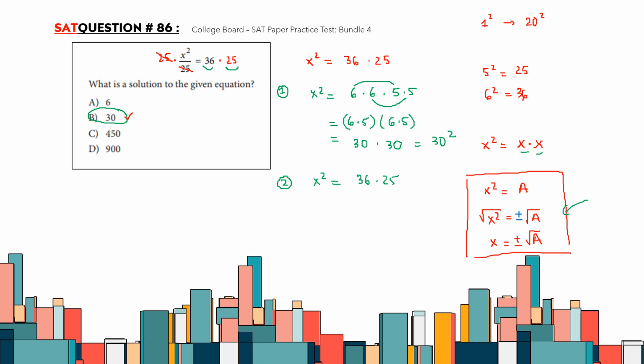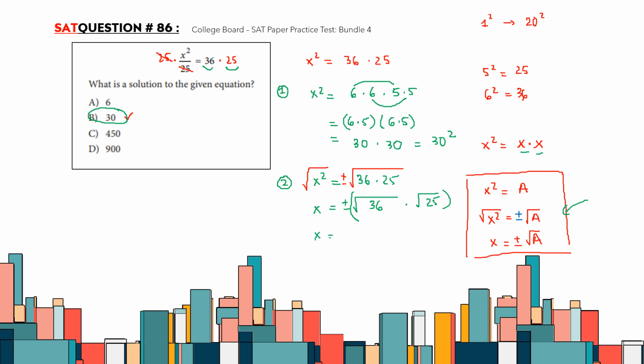We don't want to work with big numbers. So if I take the square root of both sides, remember plus or minus the square root of that. So I will have x equal plus or minus square root of 36 times square root of 25.